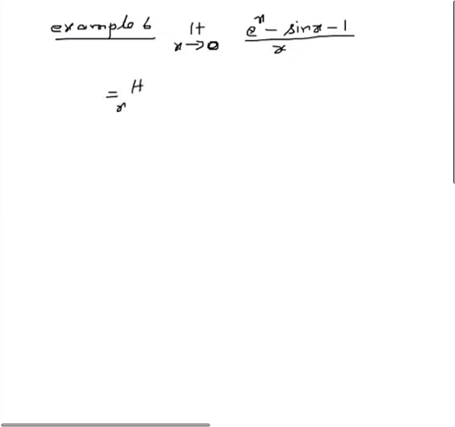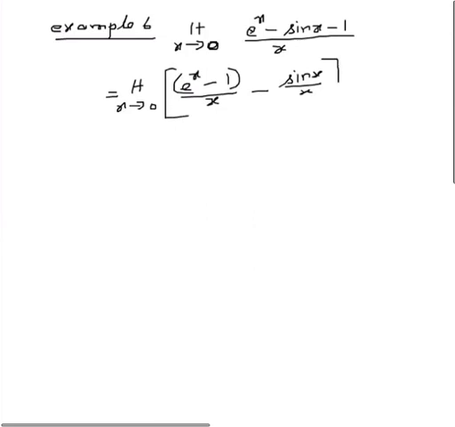Example 6. It is given on the same page. Compute limit x tending to 0 of e raised to x minus sin x minus 1 divided by x. Let us rearrange the terms. Limit x tending to 0 of e raised to x minus 1 divided by x and minus sin x divided by x.